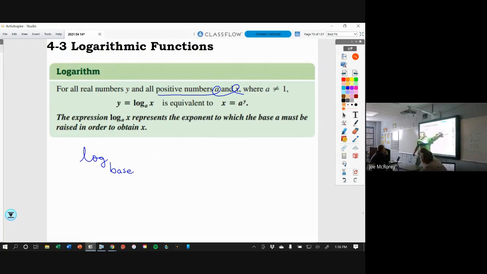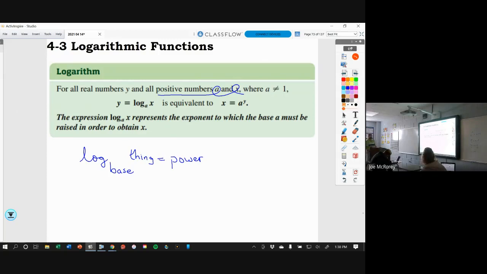And on the base we have the power over here, or the exponent. And right here, where this x is, I have something. Okay, I've got a thing. So I've got base to the power equals the thing. And I'll say that a lot. Base to the power equals the thing.